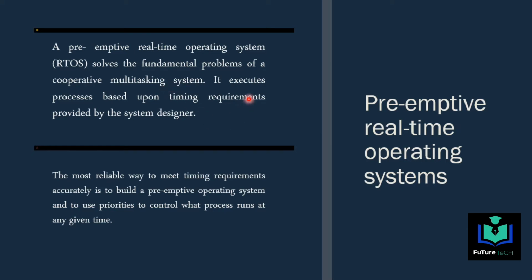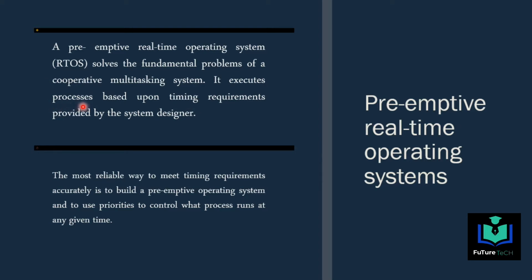Okay, so it executes processes based upon timing requirements provided by the system designer. This is already pre-programmed by the system designer, and the system designer will be setting some sort of delay or timing to each and every process.